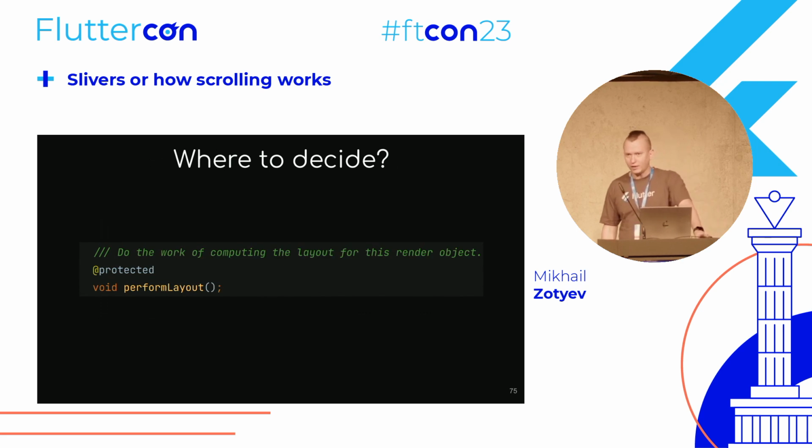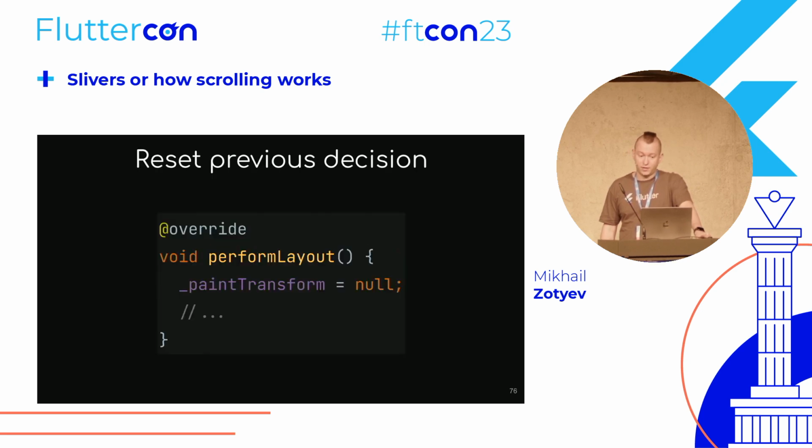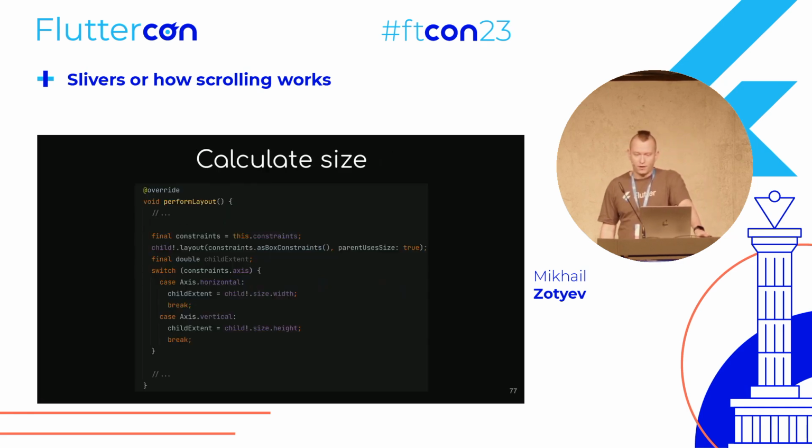As soon as it can change in every movement, we need to manage this in the performLayout method. And I said already that it can change every time, so we will start by resetting our previous decision. After this, we need to understand which size we have, because we don't have our own size.